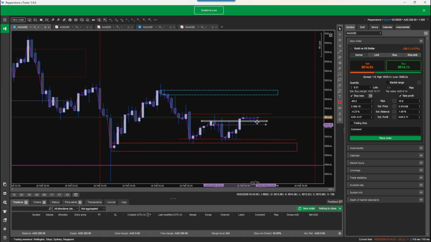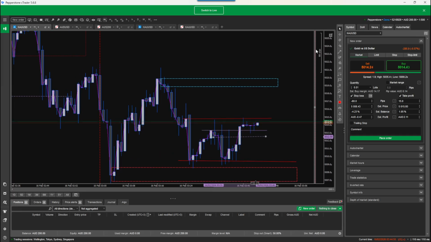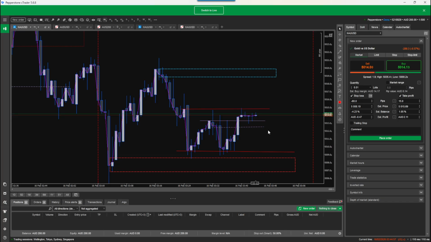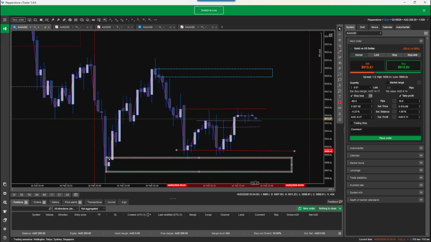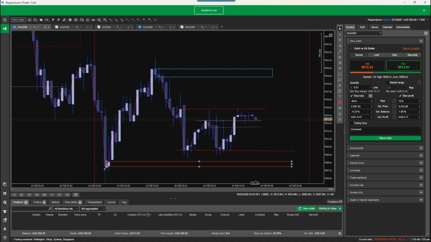Sort of fed back into it just here, looking to make up its mind which direction it's going to go. It couldn't break down any further than there. Got support in there.